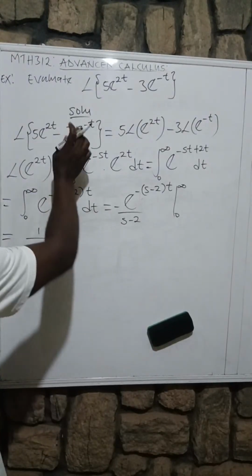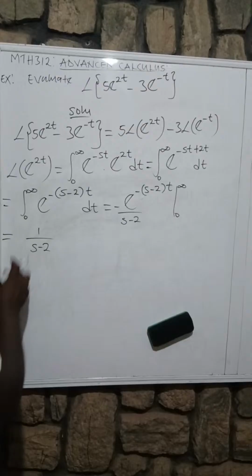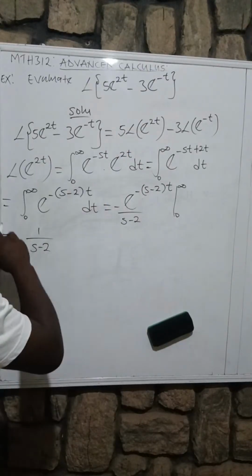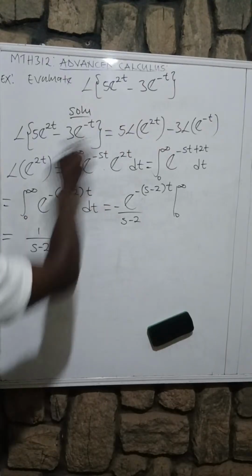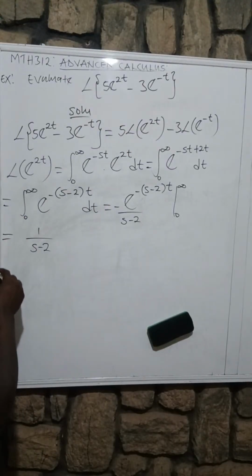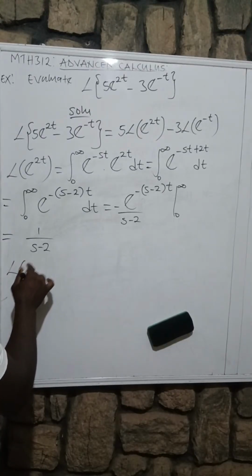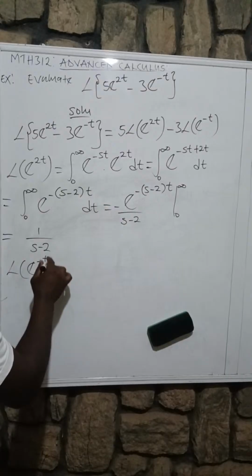Then let's consider this. But mind you, s is what? We have 5 here, right? Take note. Then let's consider Laplace of exponential minus t.